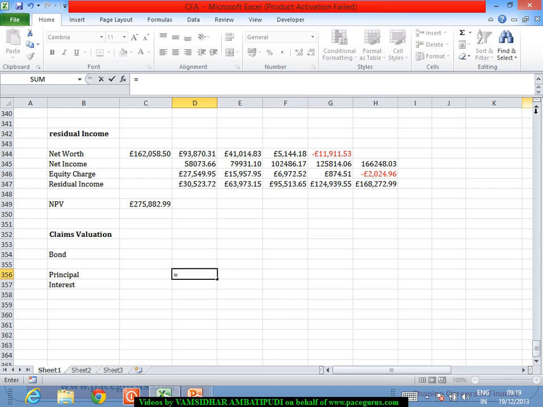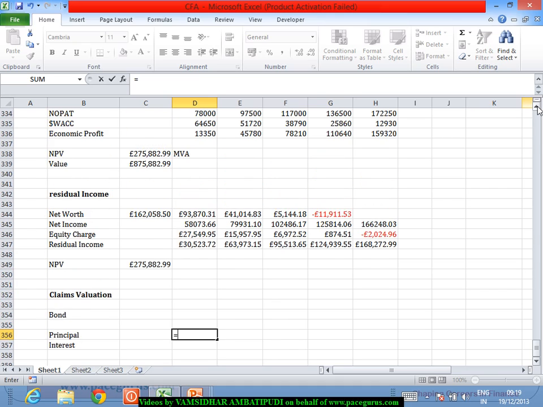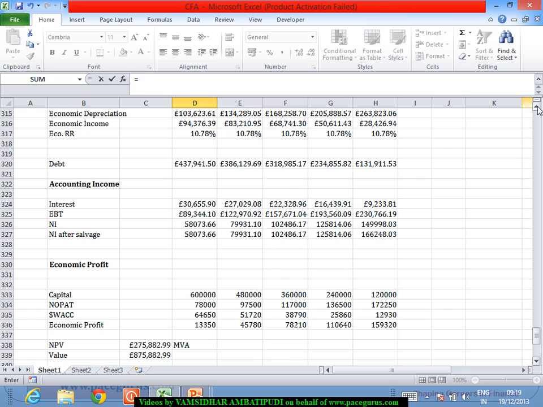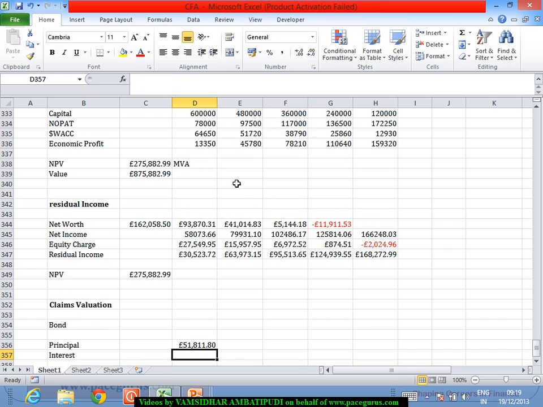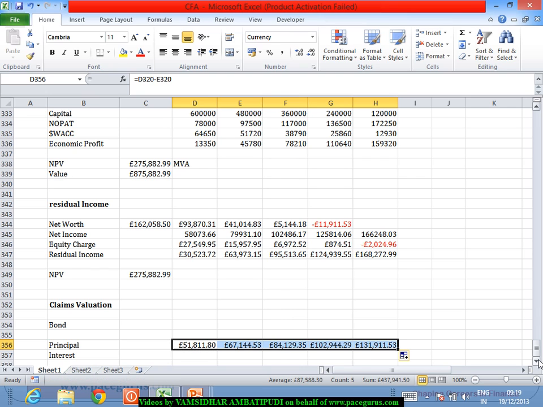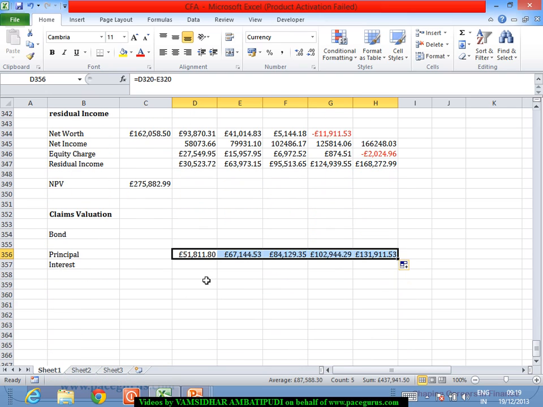So if I look at the debt here, initially it was 437,000, but in the next year the debt is only 386,000, which means the remaining portion, 51,000, would have been paid as a principal repayment. So for all the 5 years I will consider that these are the principal repayments.